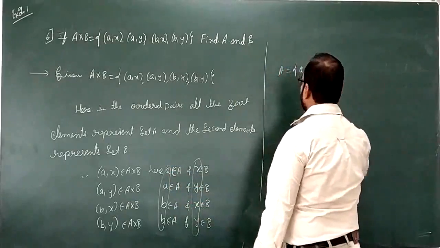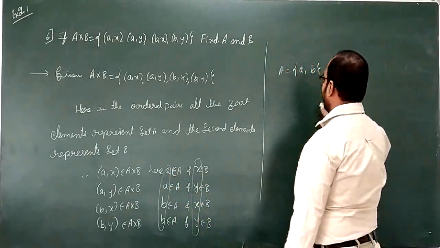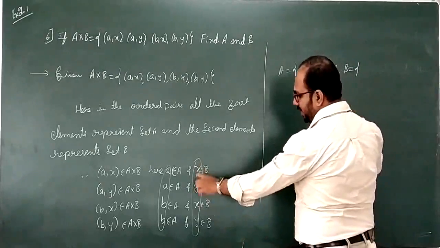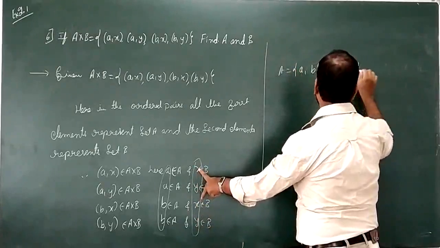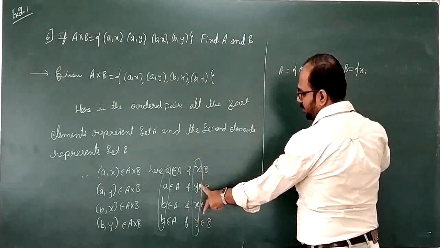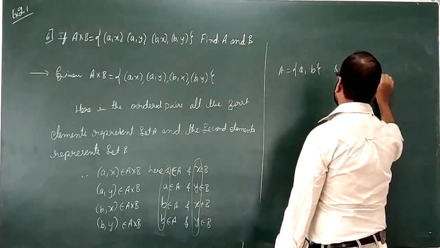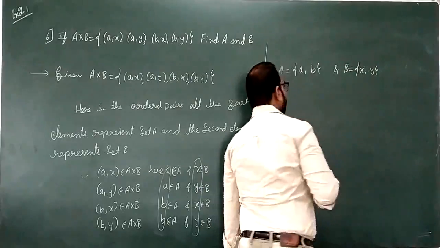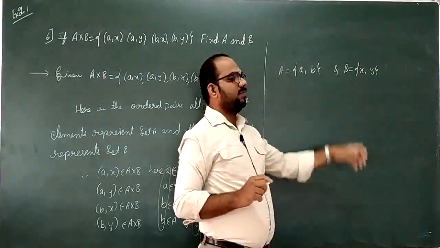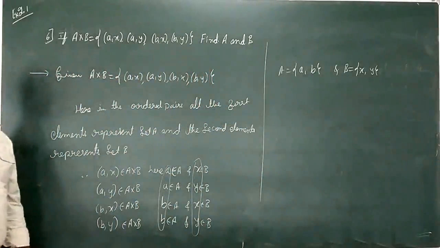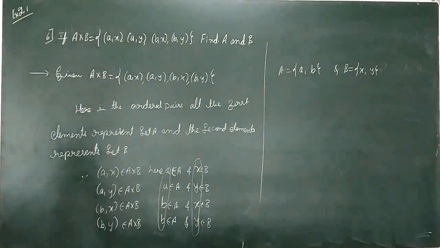Therefore a and b are the elements of set A, and set B is equal to {x, y}. x occurs 2 times and y is also 2 times, so I am writing each a single time. That is, set A has a and b and set B has x and y as the elements. Okay, write down.